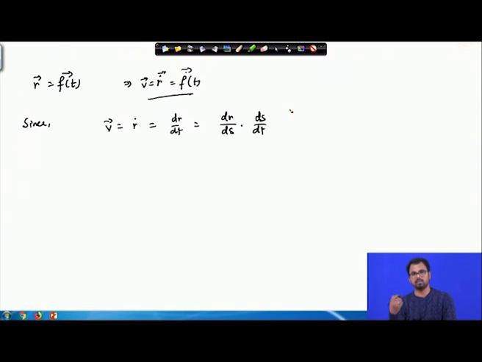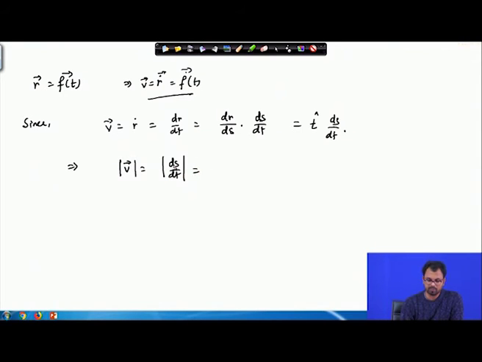The rate of change of arc length is given by ds/dt, and dr/ds is our unit tangent vector. If I take mod of v, then it is mod of ds/dt. Since ds/dt is the rate of change of arc length, it will always be positive, and this positive quantity can be denoted by v, and this v is actually the speed.